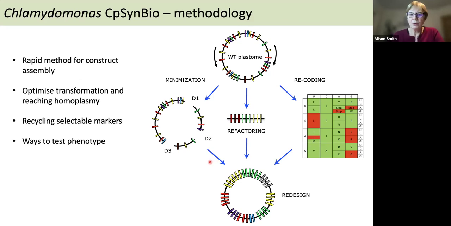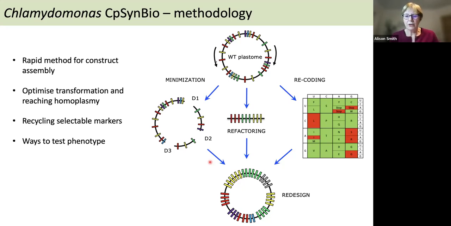In order to be able to do this, we needed to establish the methodology. So we needed a rapid method for construct assembly. We had to optimize transformation. And because there are multiple copies of the chloroplast genome in the chloroplast, the transformation and the homologous recombination is almost certainly going to happen in a single molecule. And then we have to select for homoplasmy so that all molecules have now got the modification.